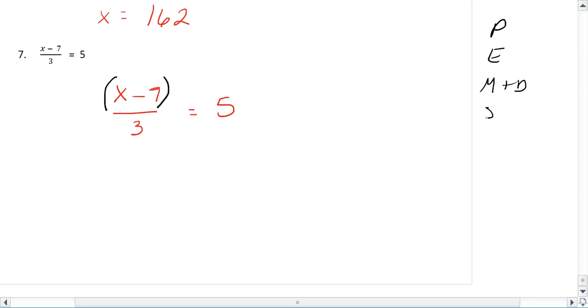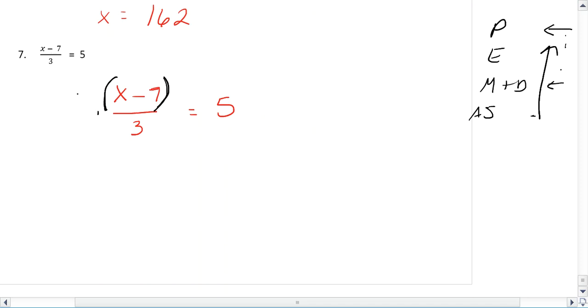This is kind of our thinking part over here. We're thinking about PEMDAS backwards, adding and subtracting down here at the bottom. What we have in this problem is some parentheses and division. So if we're coming up from the bottom of PEMDAS, we have to take care of this division first, and then we'll work our way up and take care of the parentheses last. This is true when you have a numerator or denominator with x plus something or x minus something.